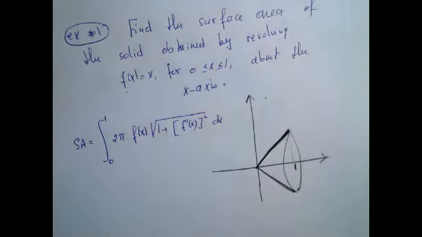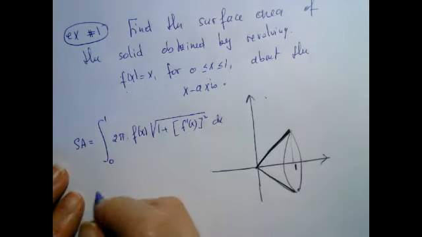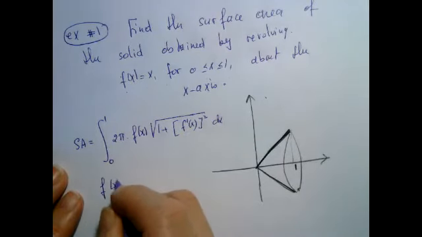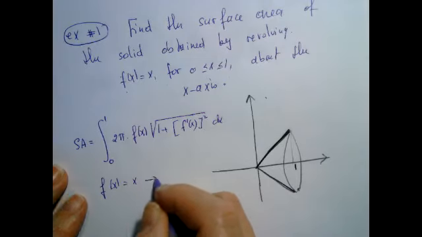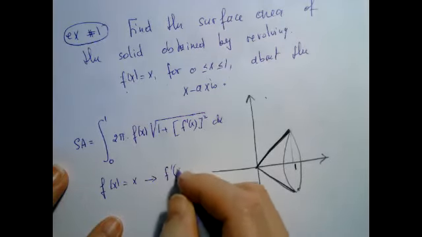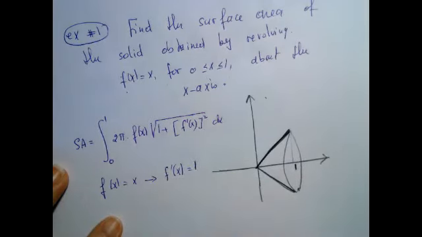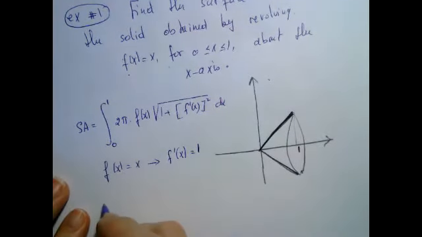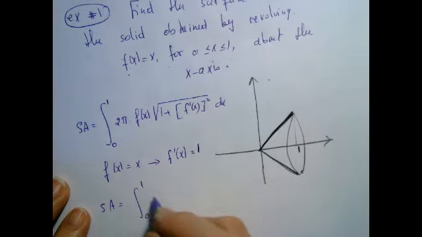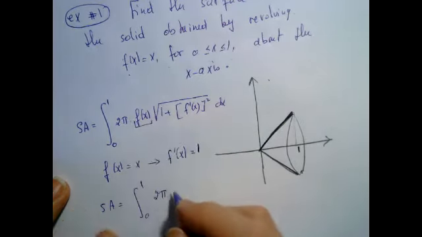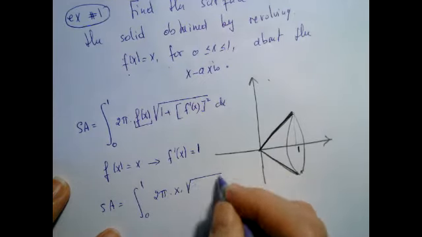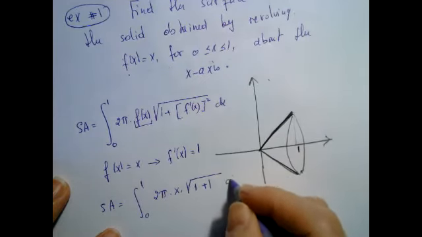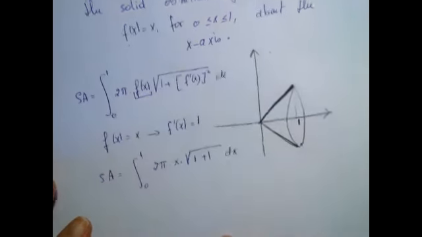f prime of x. So first we are interested in the derivative. f of x is x. It means f prime is equal to 1. So the surface area becomes the integral from 0 to 1 of 2 pi. f of x is x, times the square root of 1 plus 1, dx.